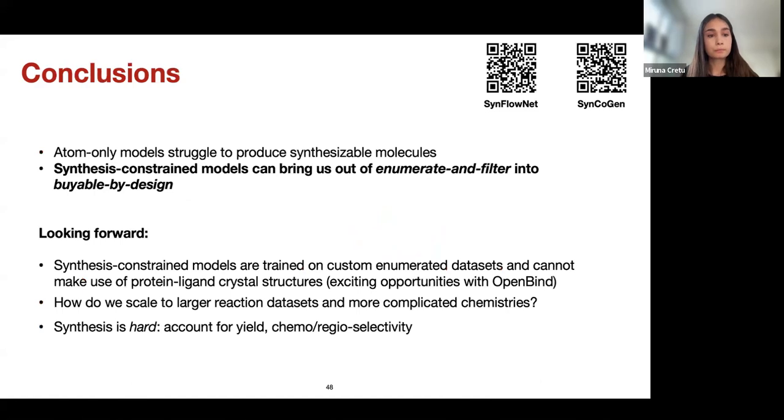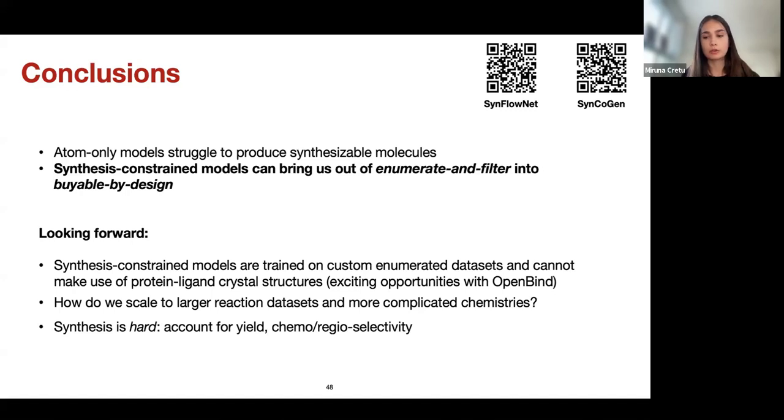So to conclude, it is really the case that atom-only models struggle to produce synthesizable molecules, and we can use synthesis-constrained models to, instead of enumerate and filter, which is the current paradigm in drug discovery, design molecules which are viable by design. Now, looking forward, synthesis-constrained models are trained on custom enumerated data sets and cannot make use of this rich data source, which is protein-ligand crystal structures.